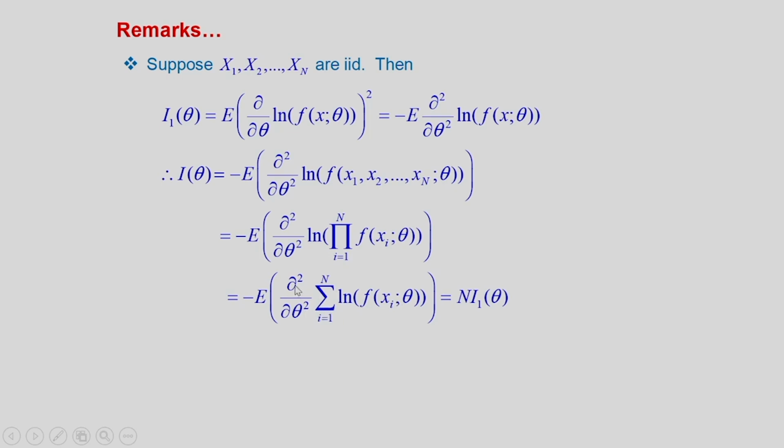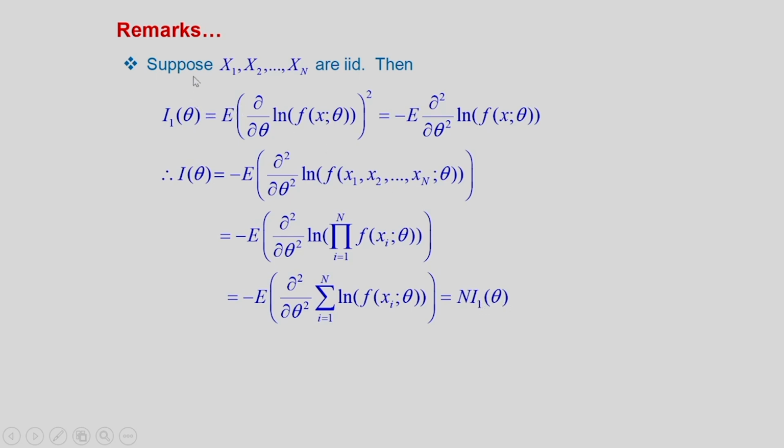So that way del square del theta square of the summation i going from 1 to n of ln f xi theta. Now this we can take inside, and all random variables are identical, therefore they will have the same information statistic I1 theta, and there are n such variables, therefore it will be n times I1 of theta.